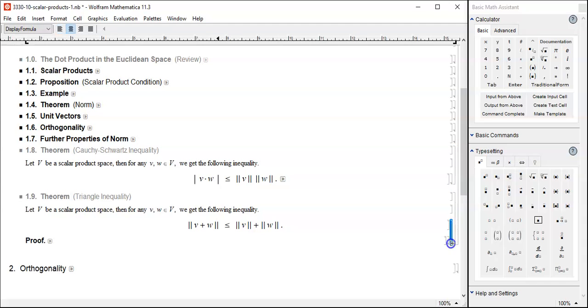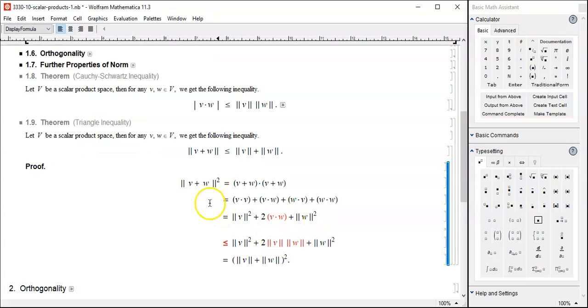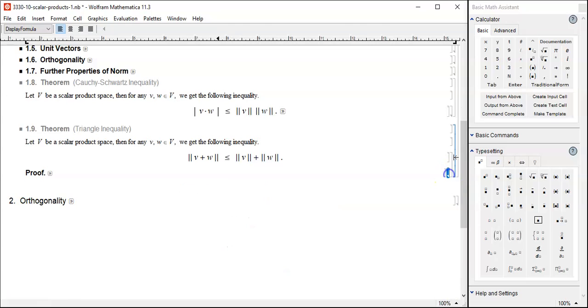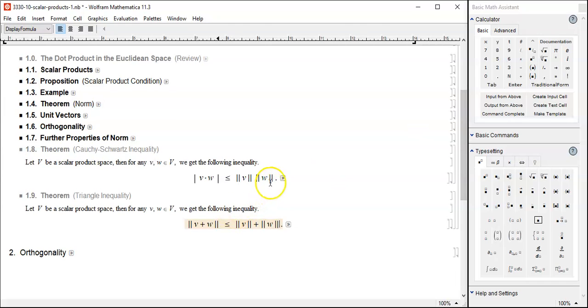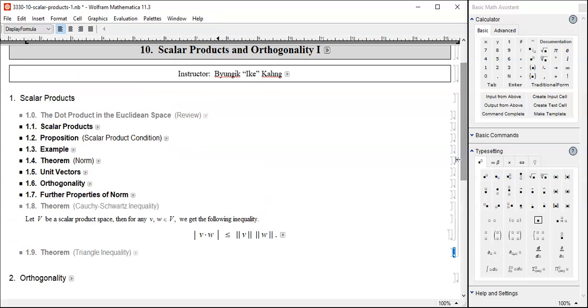But using Cauchy-Schwarz inequality to prove the subadditivity, set up like this and go from here to there, yes, that's within my expectations, so you should be able to do that. And of course, using the subadditivity to do something else, that too you should be able to do.